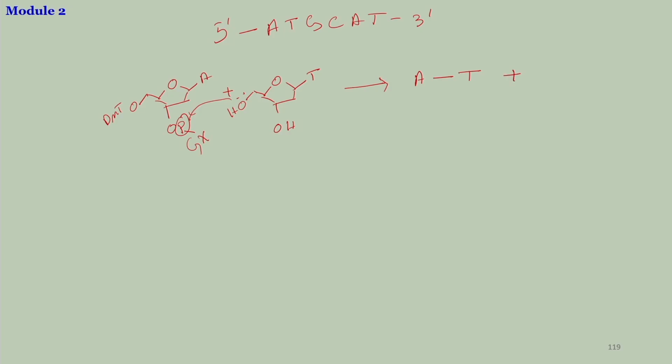What else do you get? One A may react with another A, that will give you AA. One T may react with the other T, that will give you TT, plus you will have unreacted T. I am writing the hydroxyl group free because of this, plus unreacted A. Not all reactions are complete.